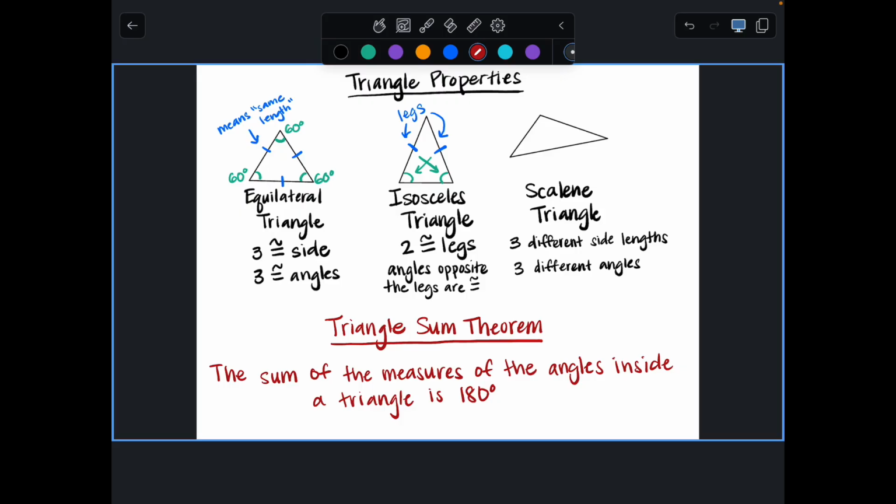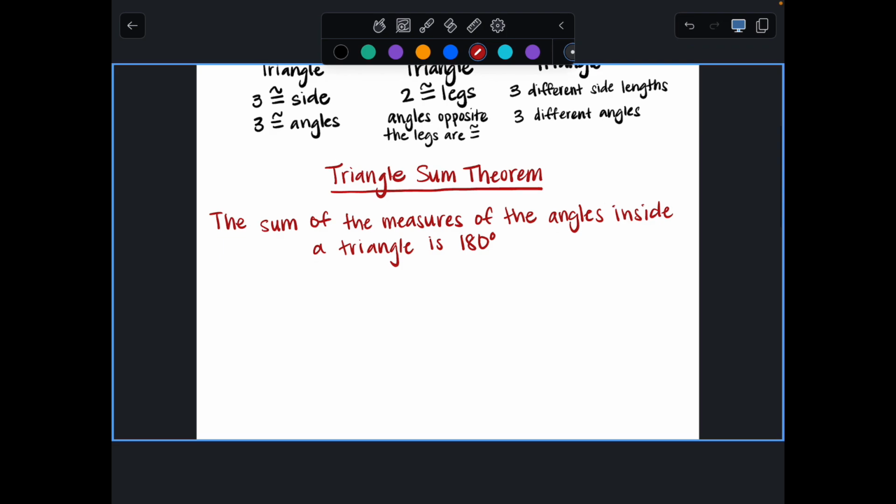Okay, so our triangle sum theorem is the sum of the measures of the angles inside a triangle is 180 degrees.